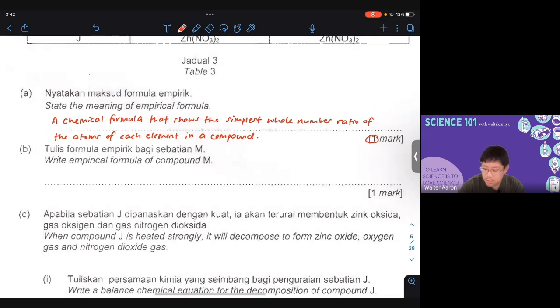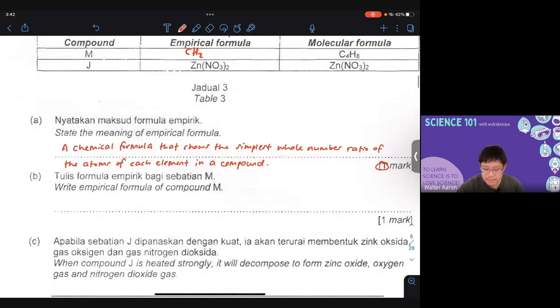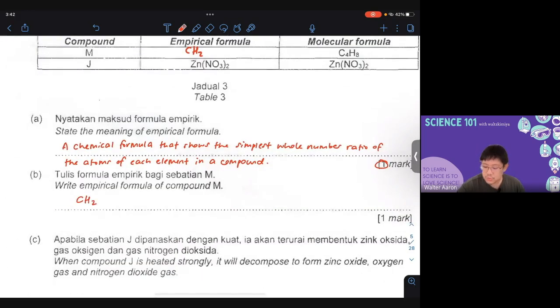Then you'll be able to get it correct. For the next one, the empirical formula of compound M, which we already did, is basically CH2. So that will be your answer.